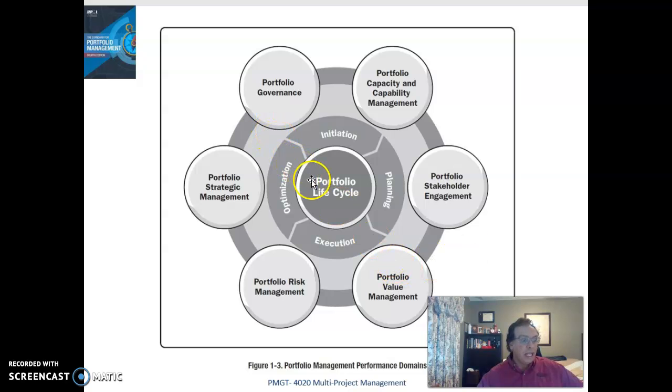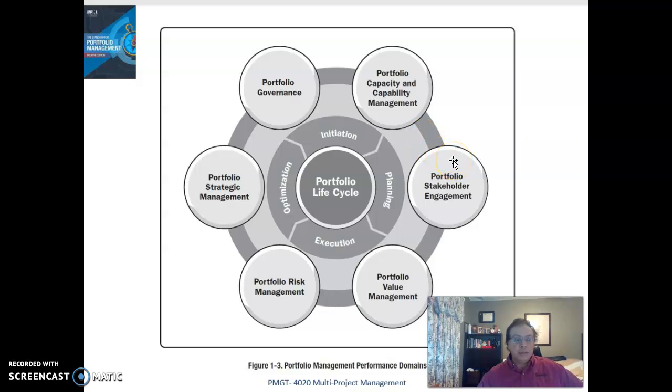We have life cycle here in the middle with initiation, planning, execution, optimization, strategic management, which is the alignment of the components to strategy, governance, prioritization of the components, capacity and capability management, ensuring that we have the right resources and the resources are optimized.